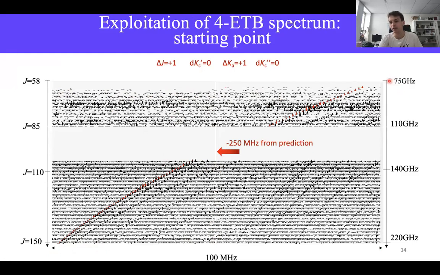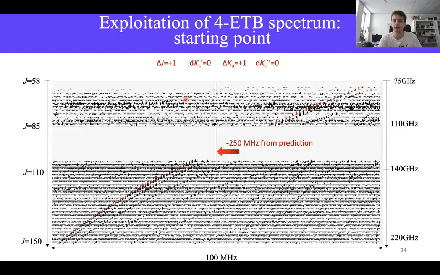So the frequency goes from here to here for the chirp, so 75 GHz to 110 GHz, and for the multiplication chain, 140 GHz to 220 GHz. Here's the quantum number J, from 58 to 85 for the chirp, and 110 to 150 for the multiplication chain.